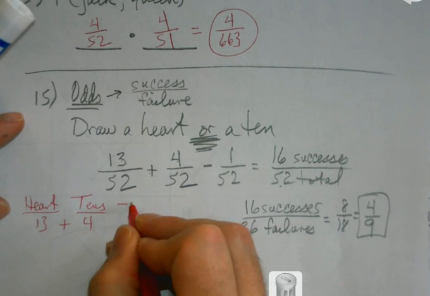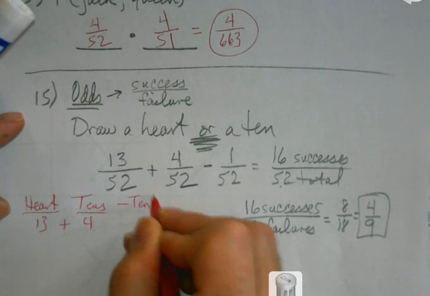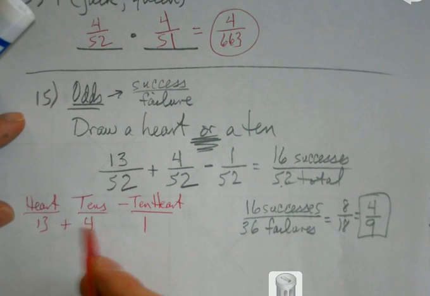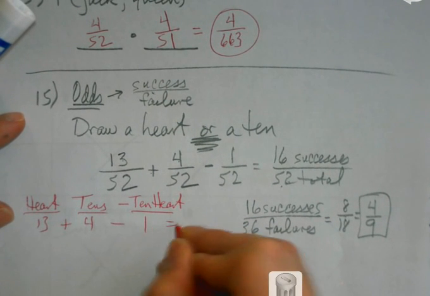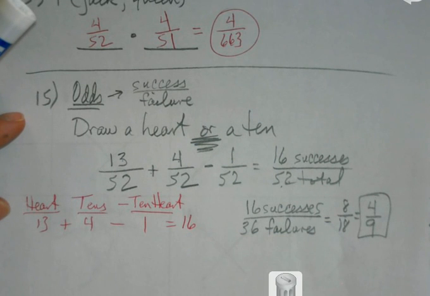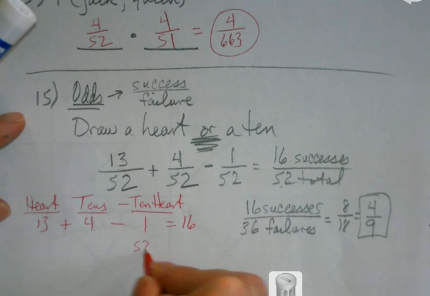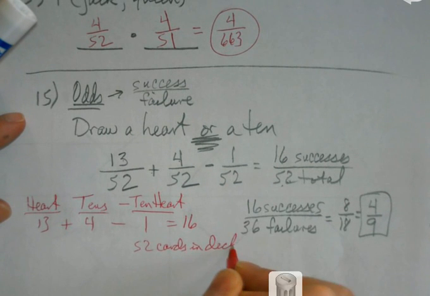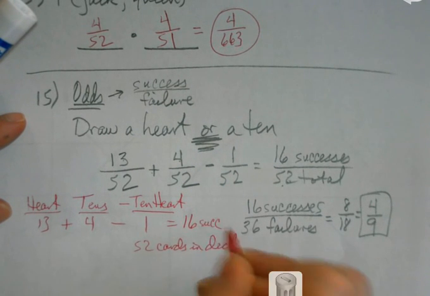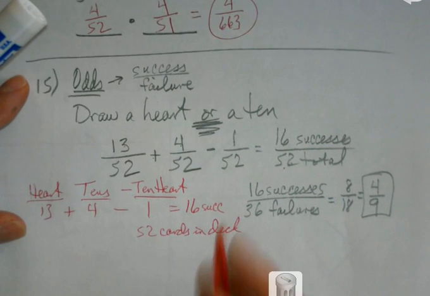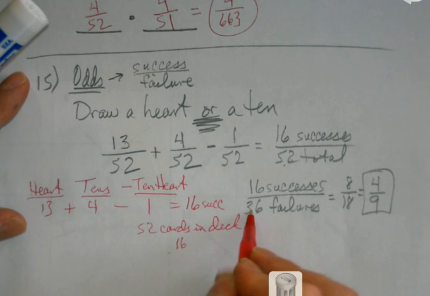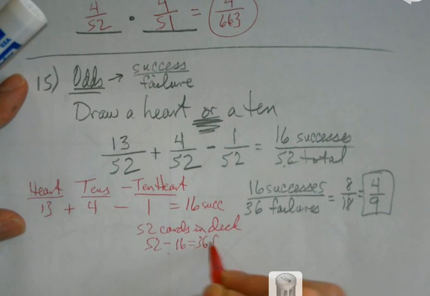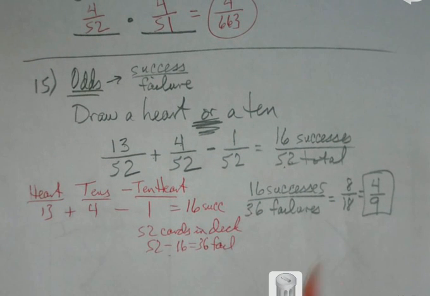But then I got to subtract the 10 of hearts, and there's 1 of those. So 13 plus 4 is 17, minus 1 is 16. But then I know there's 52 cards in the deck. So if 16 are successes, 52 minus 16 means there's going to be 36 failures, and that's where it's coming from.